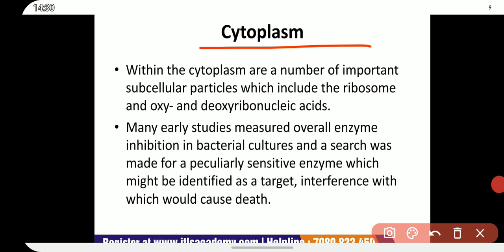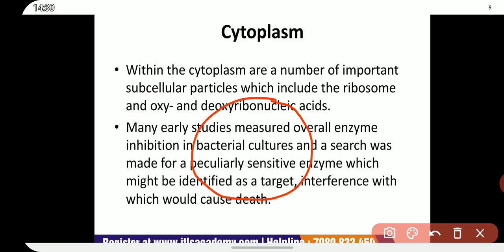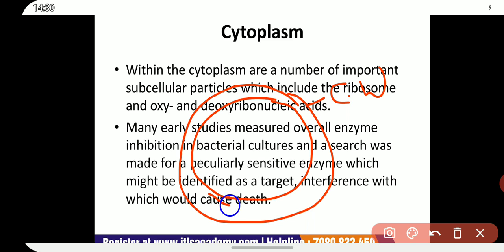Next is cytoplasm. Cytoplasm is the content that is present in the bacterial cell. Cytoplasm remains covered by the cell wall, and it is also covered by the cellular membrane, or we can say cytoplasmic membrane.